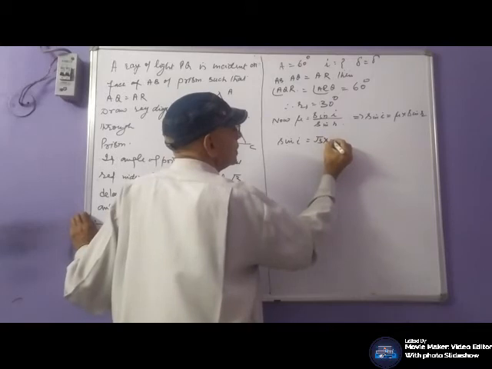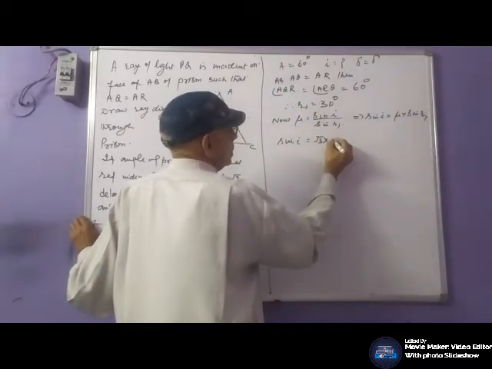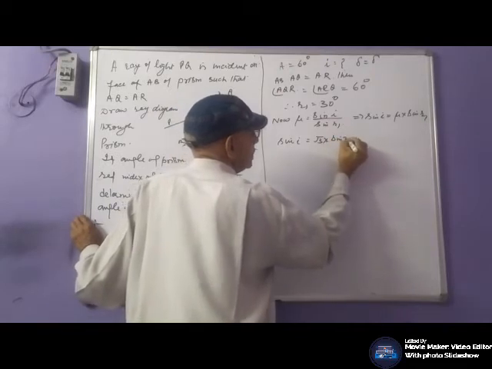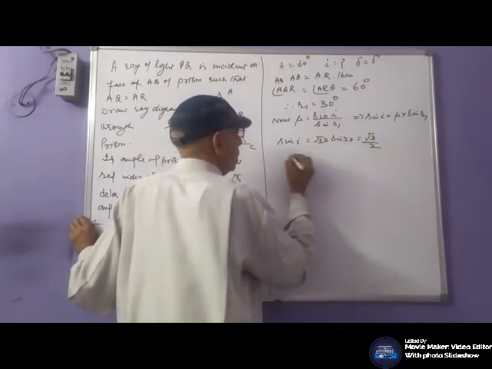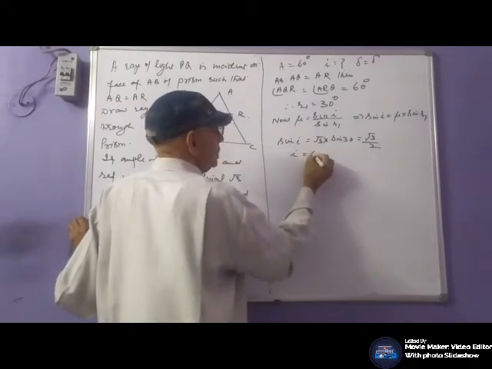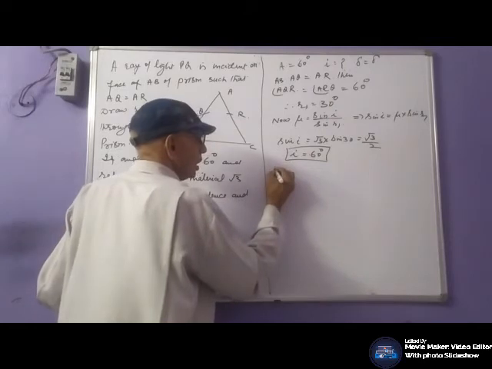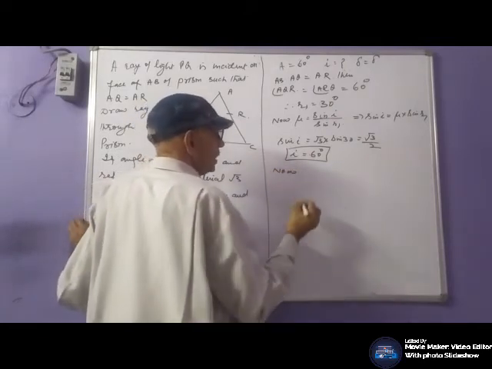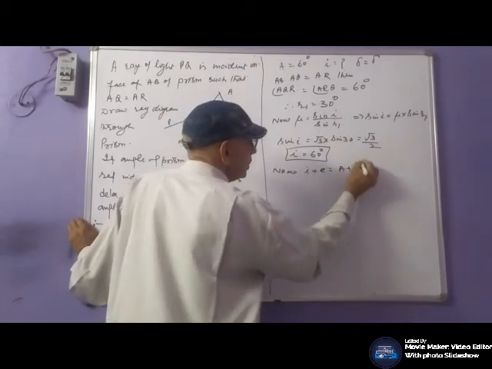Sin R, instead of R, it is R1. Sin 30 is 1 by 2, so sin I is root 3 by 2. Or I comes out to be 60 degree. Now delta. I plus E is A plus delta.